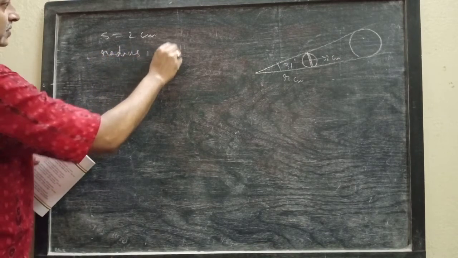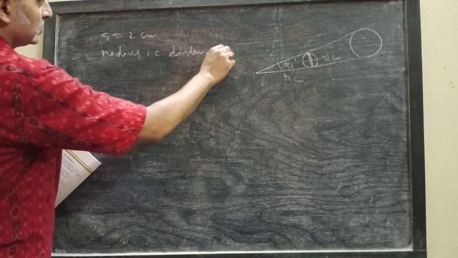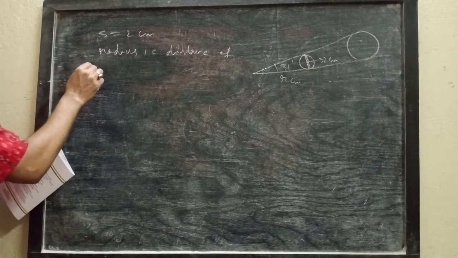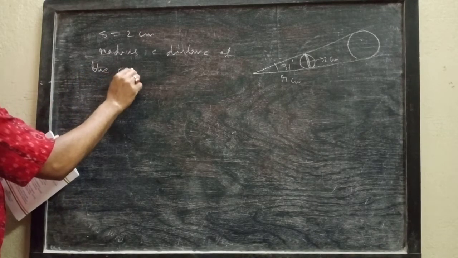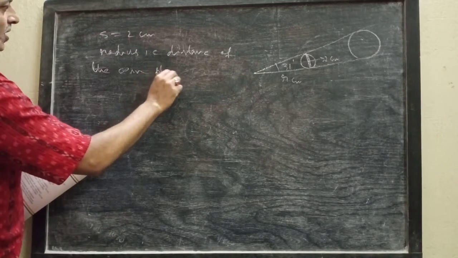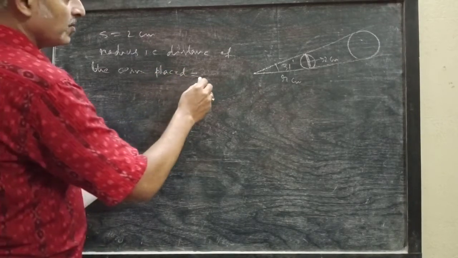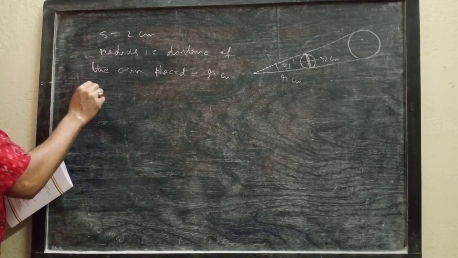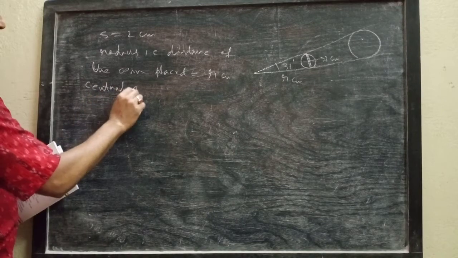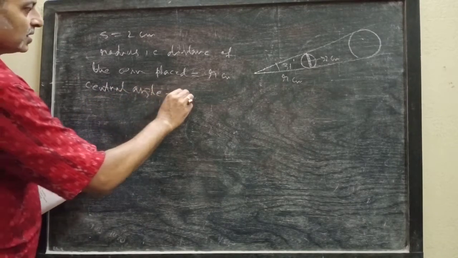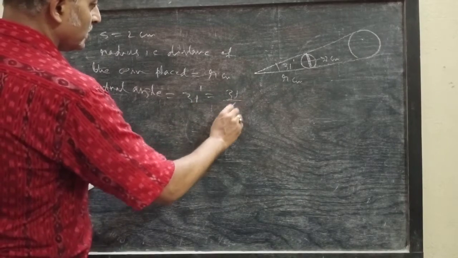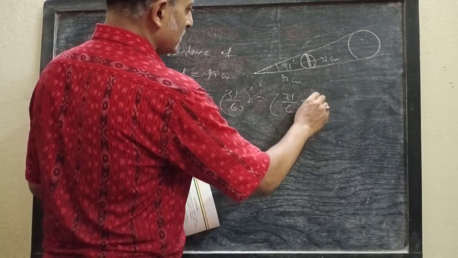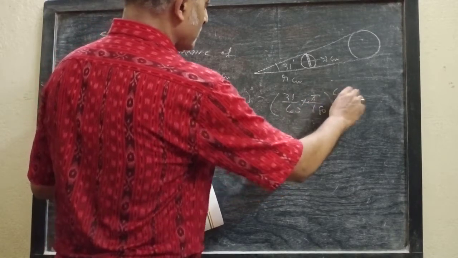Radius, that is distance of the coin placed, this will be r centimeter, and the central angle is 31 minutes, that is 31 by 60 degree, that is 31 by 60 into pi by 180 radian.